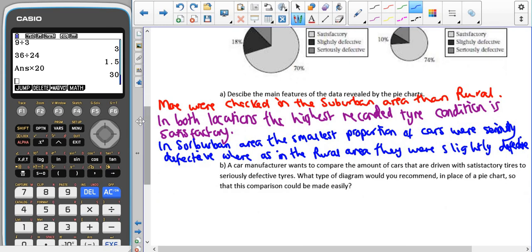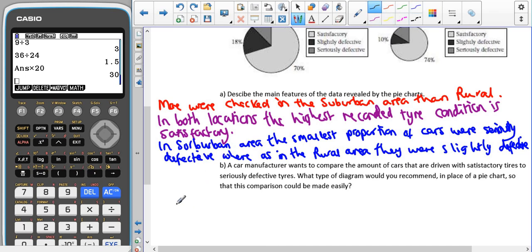So then a car manufacturer wants to compare the amount of cars that are driven with satisfactory tyres to seriously defective tyres. What kind of diagram would you recommend in place of a pie chart to compare these two?